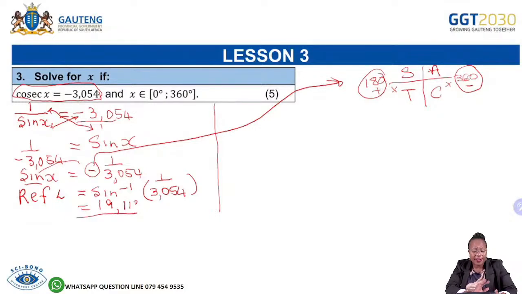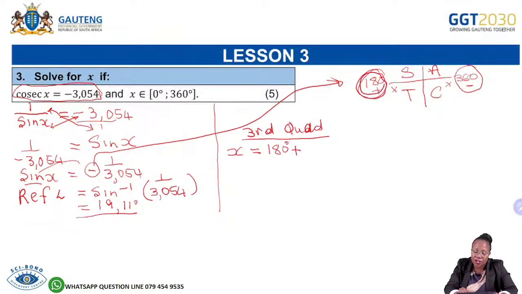Then after finding the reference angle, now you can solve in the quadrant. We have said that we will be solving in the third quadrant. So in the third quadrant, x is equal to the reduction in that quadrant, 180 degrees plus. We are referring to the reduction there.